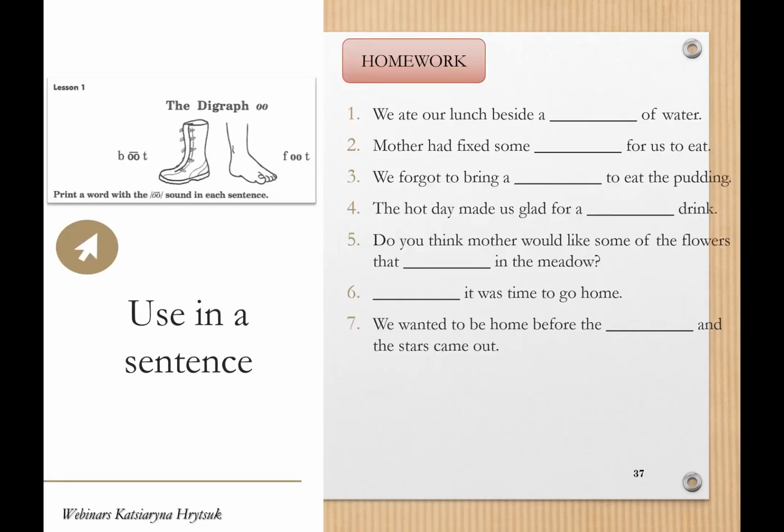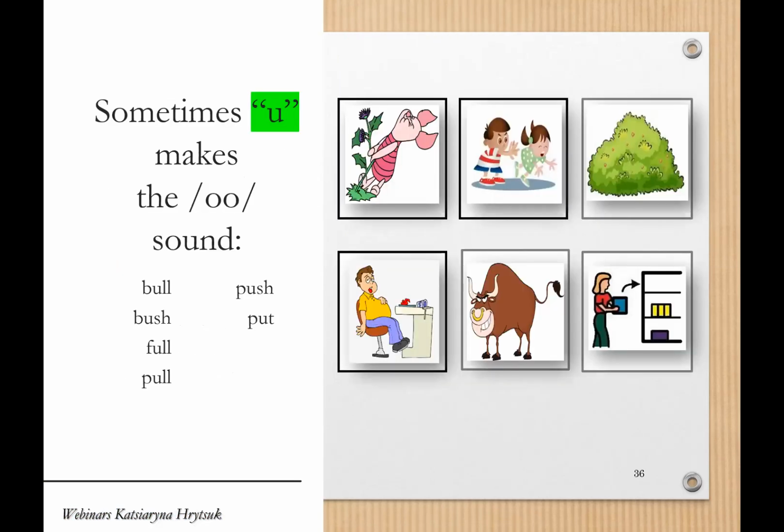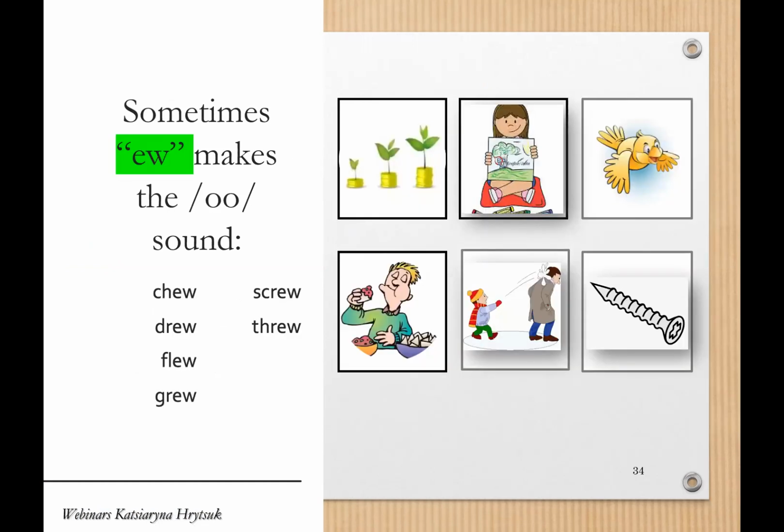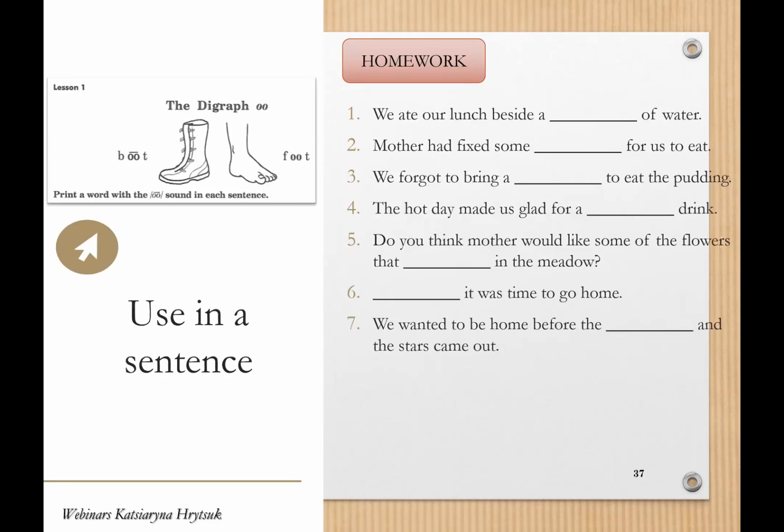And this is another homework for you. Okay, so here's a digraph OO, like boot, foot, and you use all the words with digraph OO. Think what is possible to find here, these words or these words, okay, sounds U everywhere, and you need to make sentences here. That is slide 37.